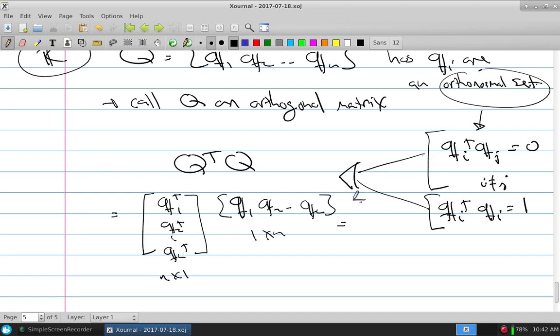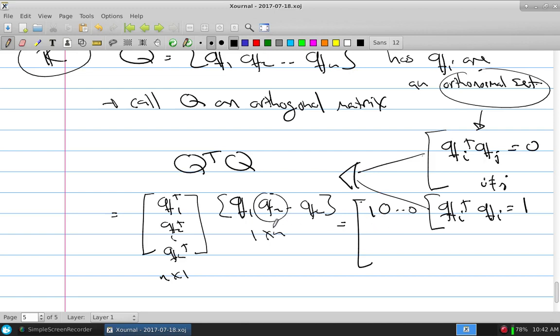But what's my first position going to be? Q1 transpose Q1. But what's that? 1. What would be the next position? Q1 transpose Q2, which is 0 because they're different, right? Different row, different column, and so that would be 0, and then it'd be all zeros.